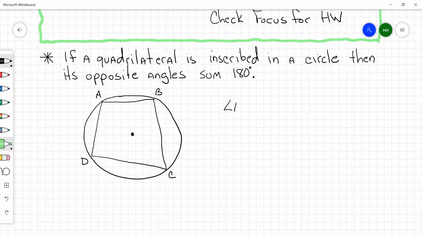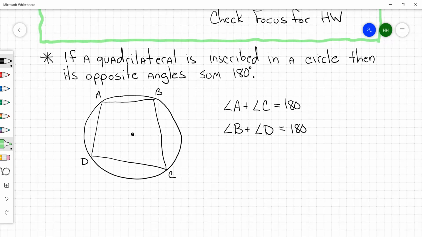So angle A plus angle C equals 180. A and C are opposite of each other. Angle B plus angle D equal 180.